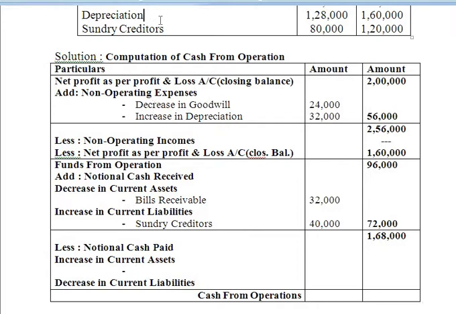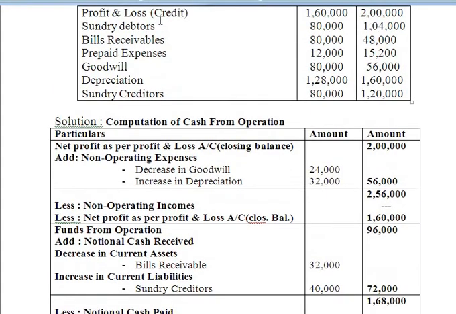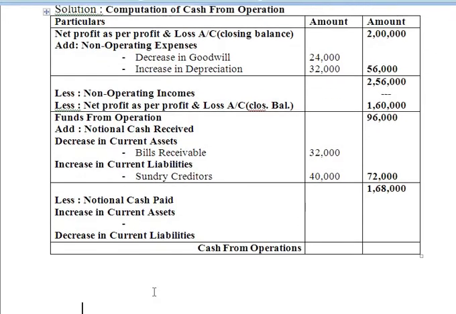Now check current assets, sundry debtors. Because we have taken bills receivable, and the sundry debtors amount is increased, we have to take it here, the increase in sundry debtors. How much is the amount of sundry debtors?